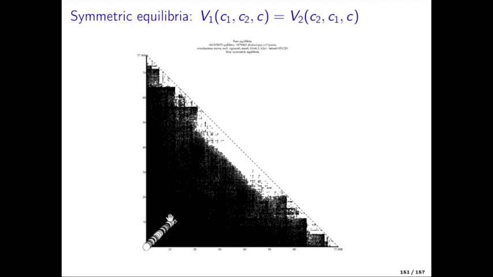These are the equilibria down here, and recall this is the triangle with all the equilibrium payoffs, with the value of firm 1 here and the value of firm 2, or the other way around. You see all the inefficient mixed strategy equilibria. The symmetric equilibria are down here. These are the inefficient ones that involve symmetric mixed strategies. So this is a very specific selection of equilibria, chosen in a somewhat arbitrary way, an artifact of having symmetric solutions. But in this anti-coordination game, you rule out many of the combinations of leapfrogging that are happening.